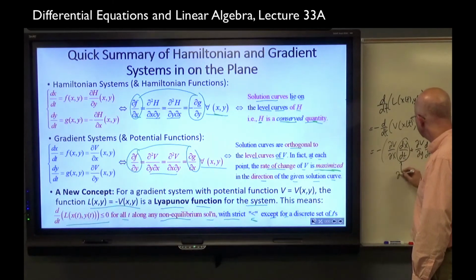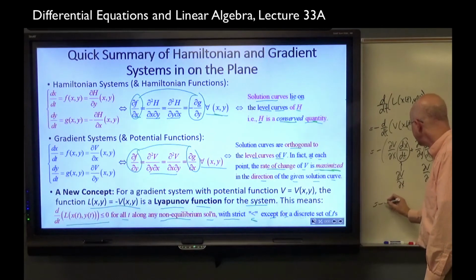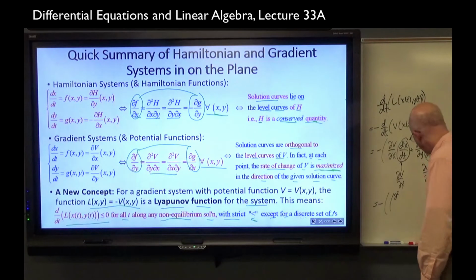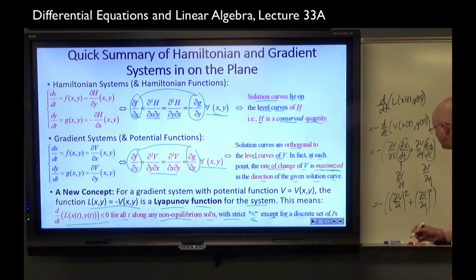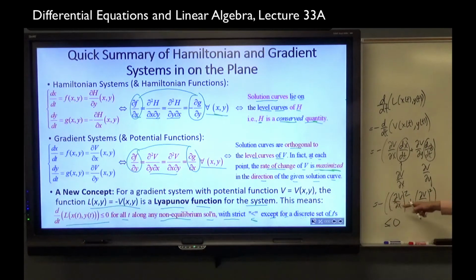That's the same as dV/dx. This is the same as dV/dy. Or you could say partial of V with respect to x, partial of V with respect to y. So you really get the opposite of something that can't be negative. And these are not second derivatives, they are squares of first derivatives. dV/dx squared plus dV/dy squared. This certainly cannot be positive. This is less than or equal to 0 because of the negative sign there and because these are never negative.